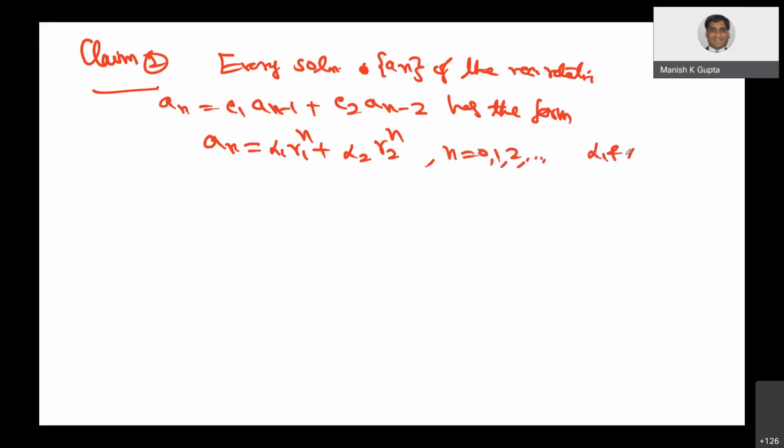Alpha 1 and alpha 2 are constants, and r1 and r2 are roots of that equation, right? So we need to show that every solution an of the recurrence relation has this form, so we are proving the reverse part.